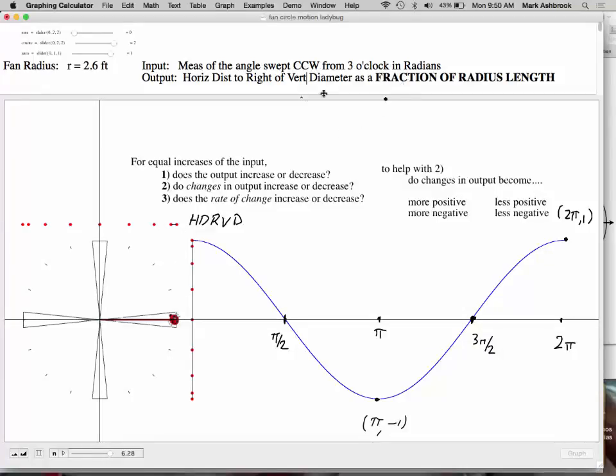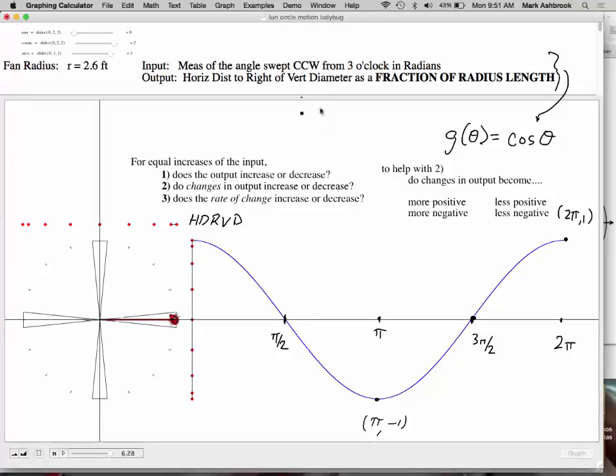All right, so this then is the same as before. So we'll call this G. For any circle, if the input is the angle swept counterclockwise in radians, and the output is horizontal distance to the right of the vertical diameter, measured as a fraction of the radius, that's what cosine theta is.